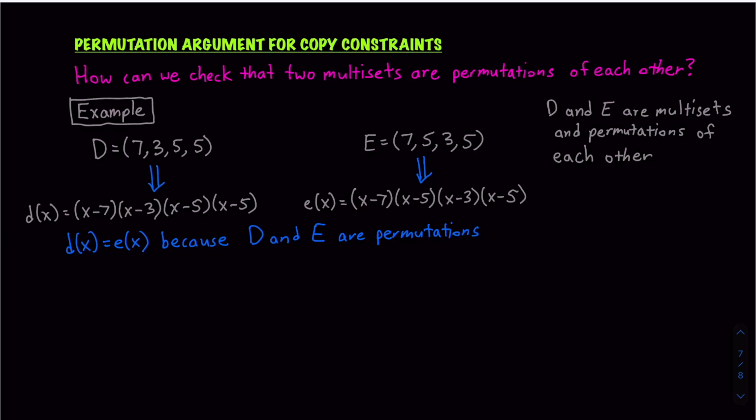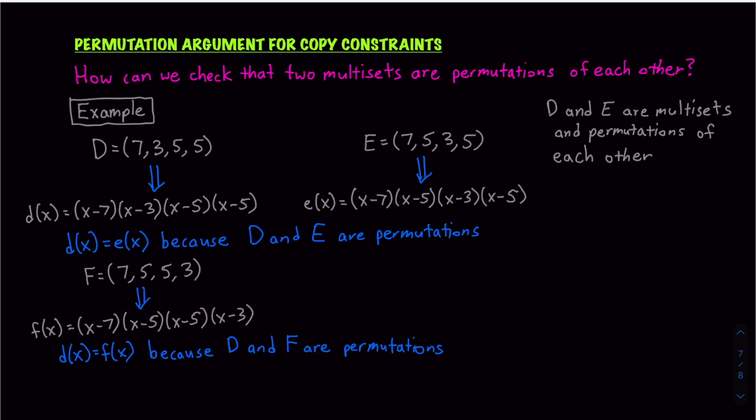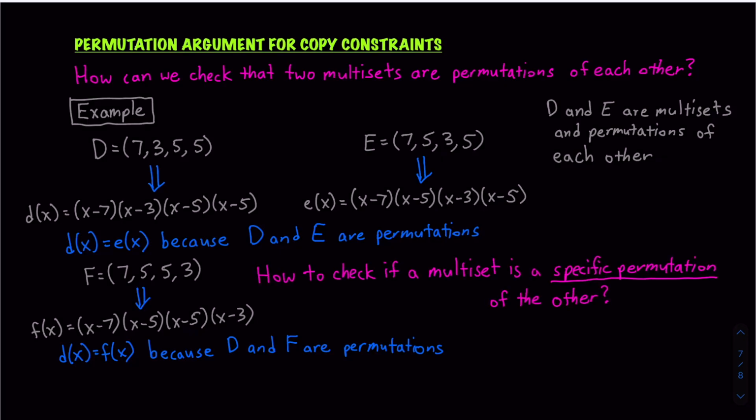For example, another multiset F, which equals 7553, would also pass this test, because it contains exactly the same elements. In fact, any permutation of D would produce the same polynomial. So here's the real question. Can we extend this idea so that we don't just check that one multiset is some permutation of the original, but rather it is a specific, predefined permutation?